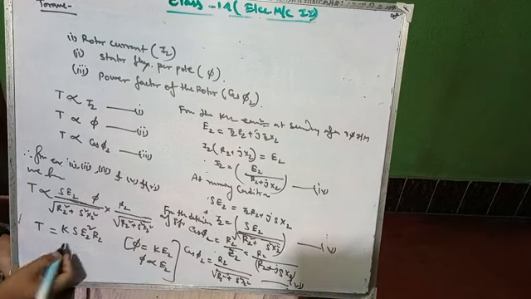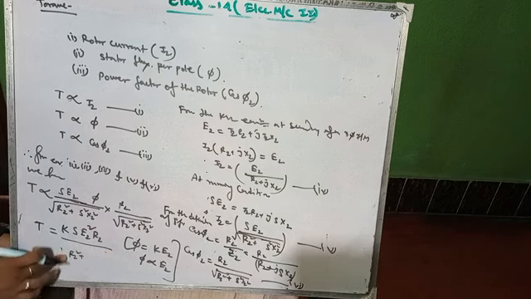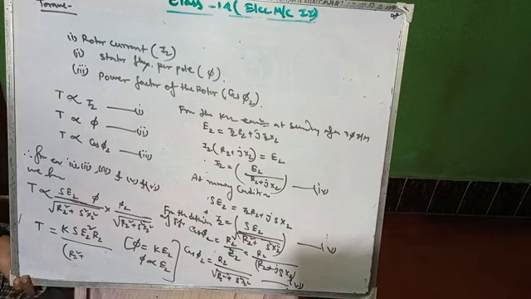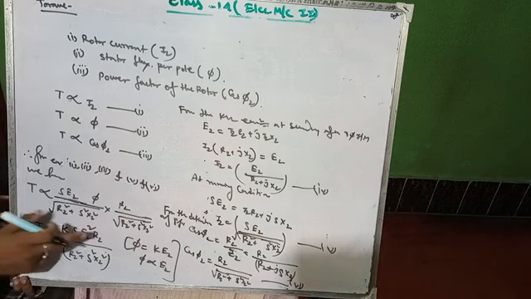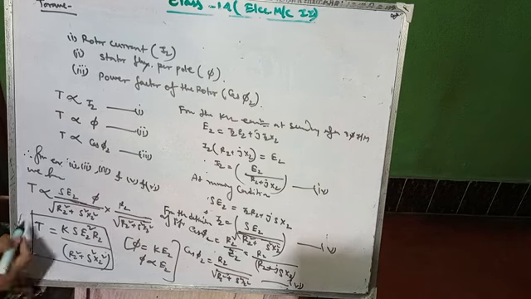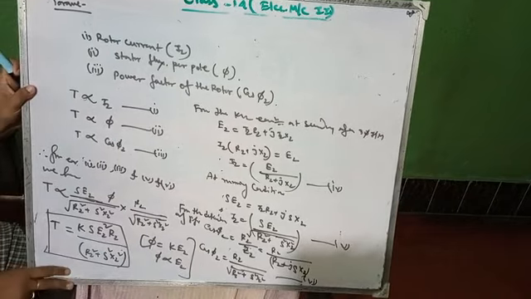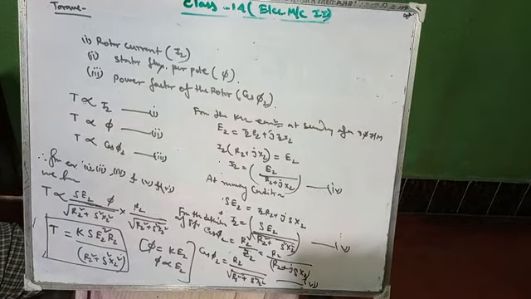After multiplying, your ultimate torque expression is K S E2 square R2 by R2 square plus S square X2 square. This is the general torque expression for a 3-phase induction motor.